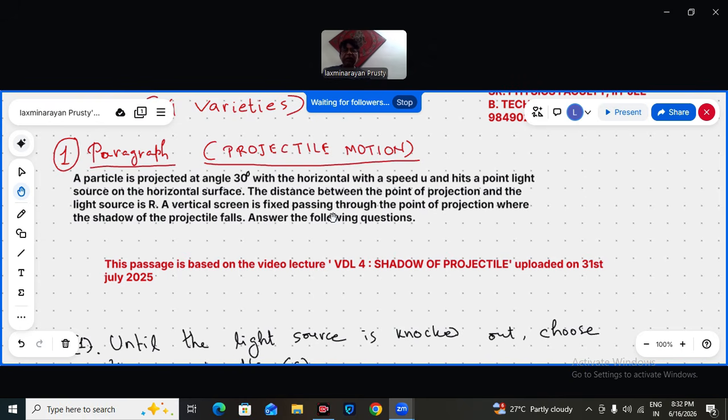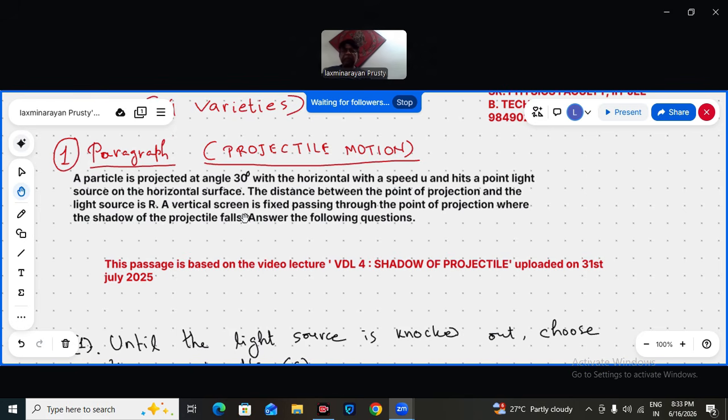So that must be at a distance, the range, from the projection point, because it is projected at 30 degrees and falls and strikes the horizontal ground, hitting the point light source. The distance between the point of projection and the light source is R. You must know that this is nothing but the range.